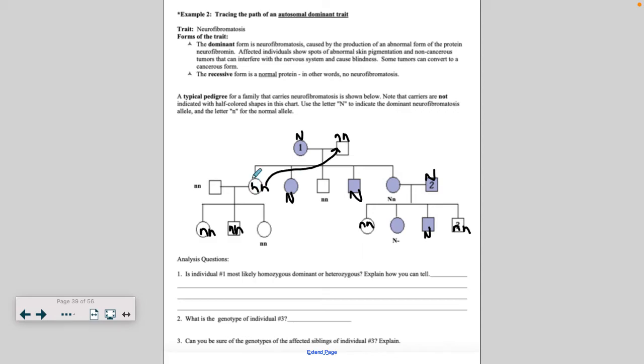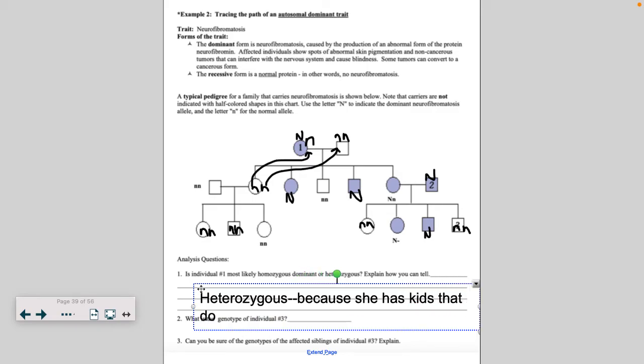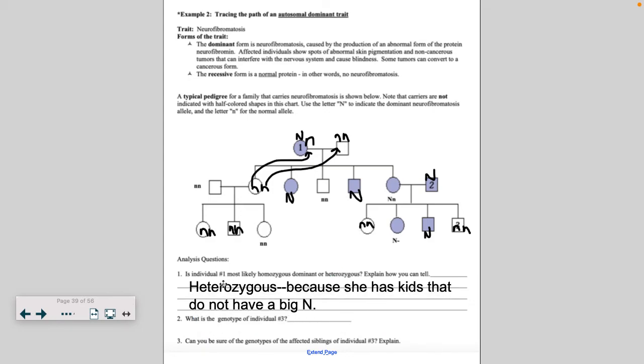Where does the other little n come from? Mom. So she's got both alleles, a capital letter and a lowercase letter, and we describe that as heterozygous. And then it says, how can you tell? Because she has kids that do not have a big N. So you have to explain why.